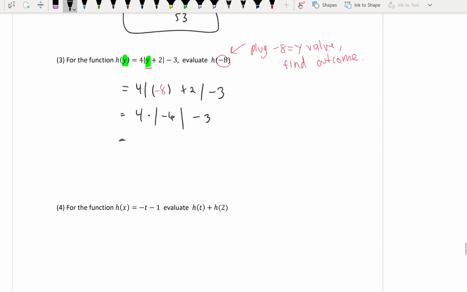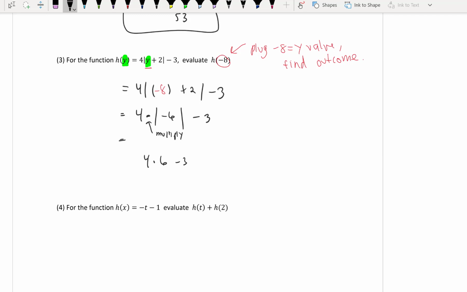So now for this function, remember this is multiplication, so you are going to multiply. You're multiplying 4 times the absolute value of negative 6. So that's going to give you 4 times 6, since the distance from 0 is going to be 6, because distance can never be negative.